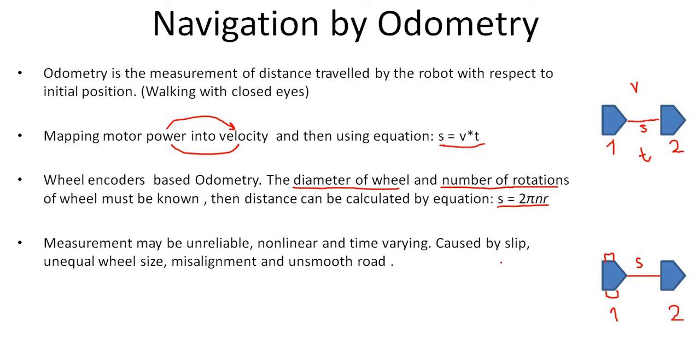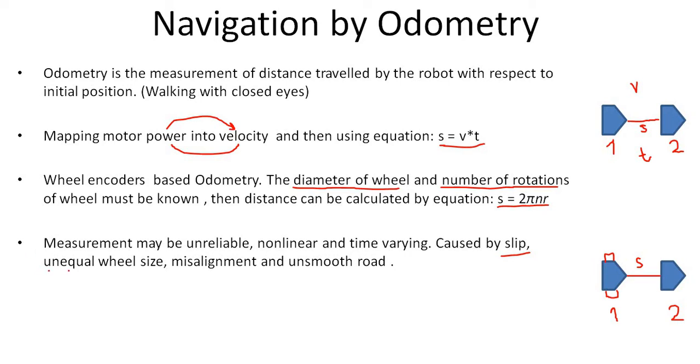Again, there are problems with this kind of odometry also. The measurement may be unreliable, it can be nonlinear, time varying. What causes all these errors in the odometry is the slip of the wheel, because the surface is not always perfect, and sometimes the wheels slip on the surface, so they miss some measurements.